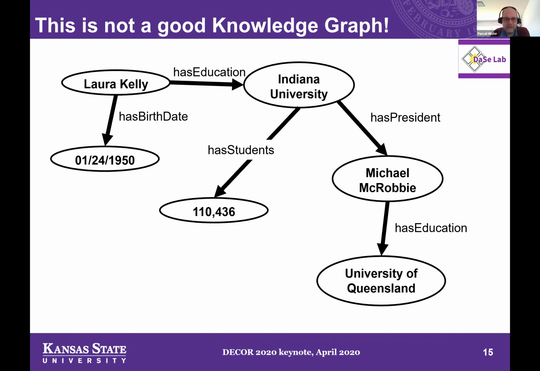Presidents of universities change. Now, how would you, in this schema, say since when Michael McRobbie is president of Indiana University? The schema doesn't provide for this. So this knowledge graph doesn't provide for this. So something's not quite working here.